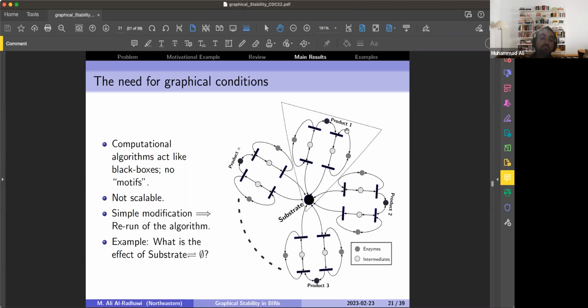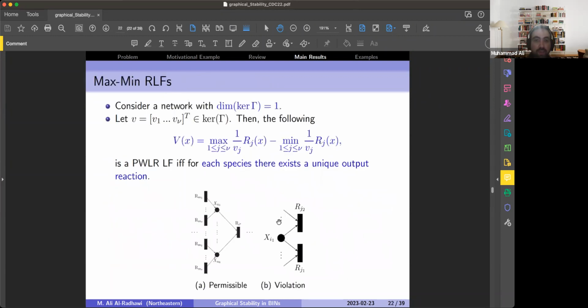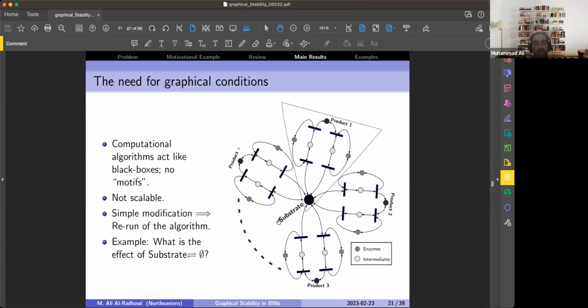So what we're trying to do here is provide a set of graphical conditions so that you can understand and interpret them without having to go through computations. Also, if we add simple modifications, like an inflow and outflow reaction on the substrate, will it violate the stability conditions or not? That's the question we want to study.